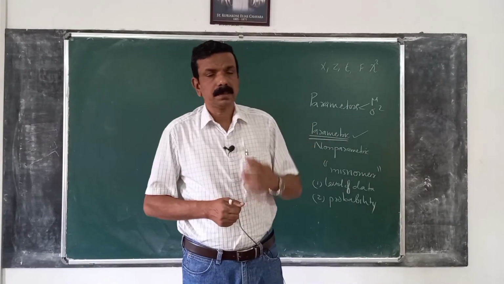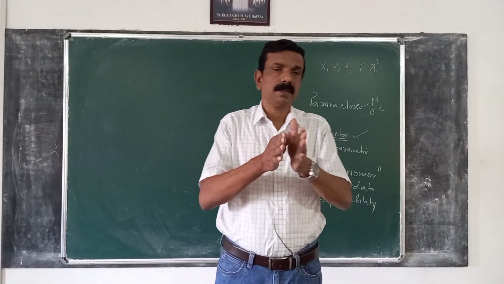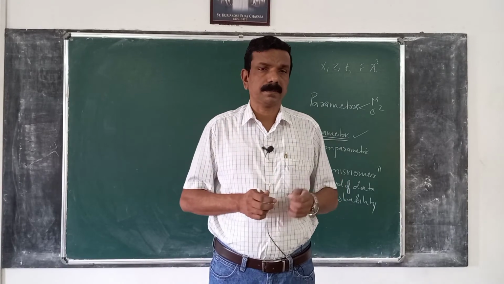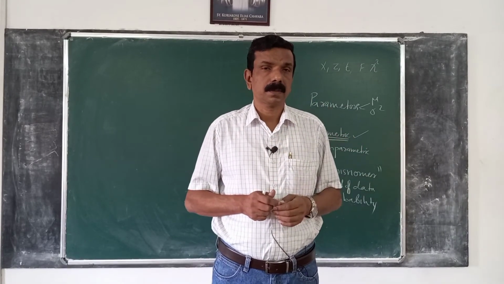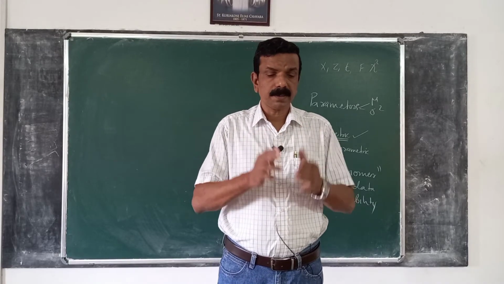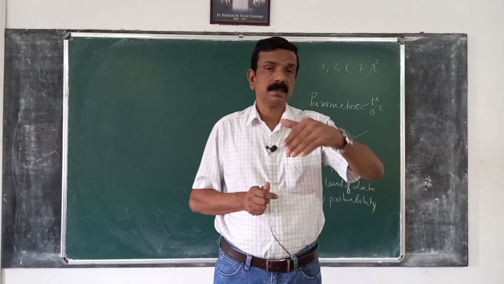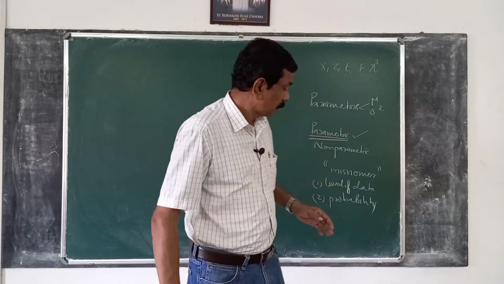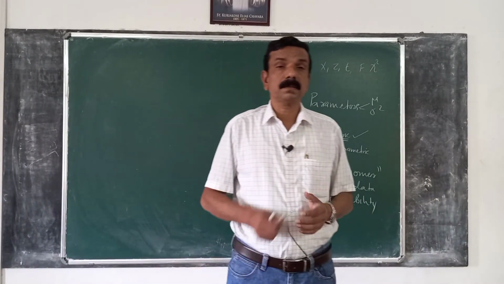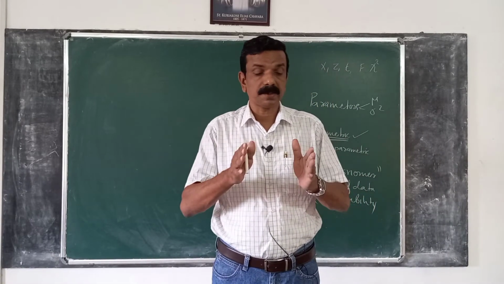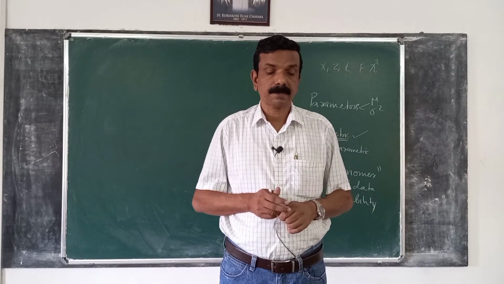But the usual distinction is parametric procedures are based on normal distribution. Non-parametric procedures are not. So, non-parametric procedures require less restrictive assumptions about the level of data and also the probability distribution from which data has been generated.